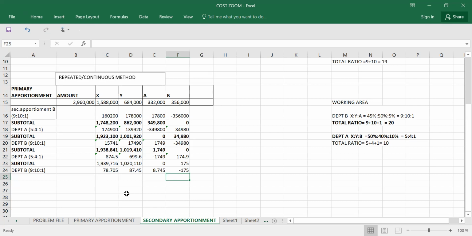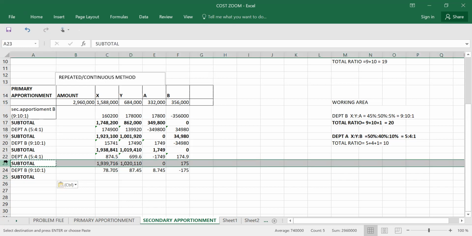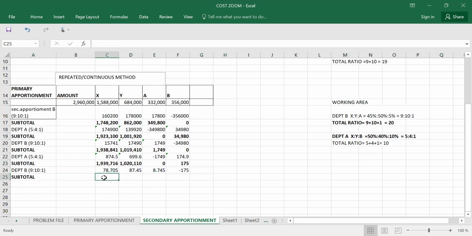So after that, you see that department A comes back. I'll first add, and I show you what we have. This was my subtotal. So I start from the subtotal, then plus that, I enter, and that is what I'm doing throughout.